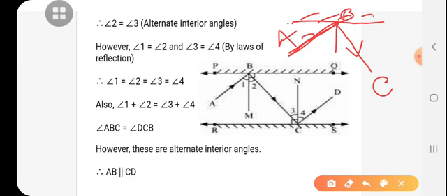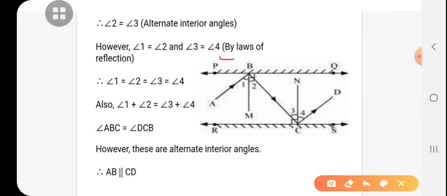And if I draw a perpendicular line, that is BM, it is called the normal in physics. So the angle of the incident ray is equal to the angle of the reflected ray. It means angle 1 is equal to angle 2. Angle 1 is called the angle of incidence and angle 2 is called the angle of reflection. So both are equal. We got it from physics, by the law of reflection.